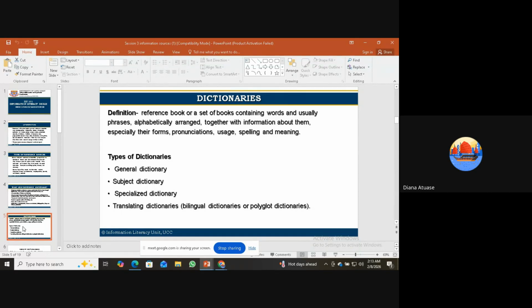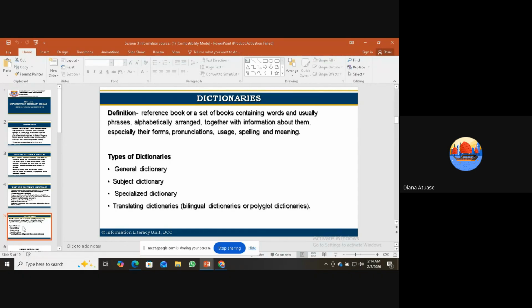We can have a medical dictionary, a science dictionary, a geography dictionary and the rest. And they provide detailed information on the specific subjects that you are looking for. Then we have the specialized dictionary. A specialized dictionary is for professionals.